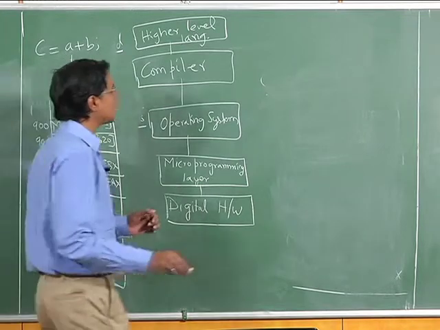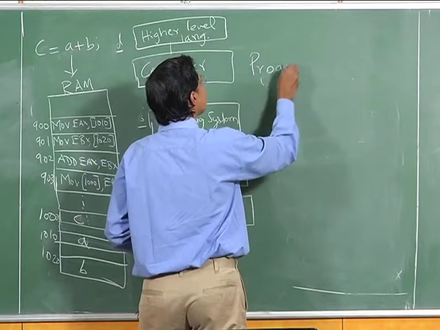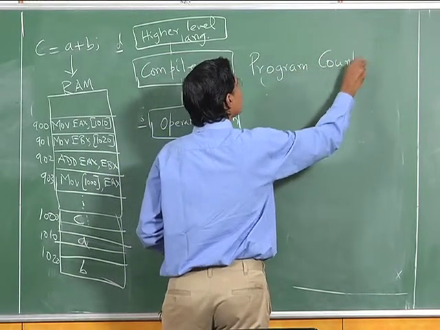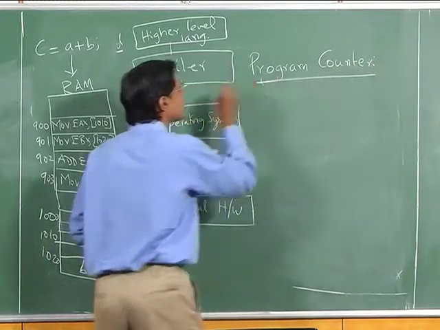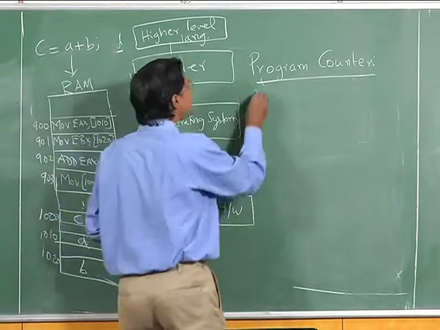First and foremost, we should understand that there is a hardware called the program counter. The program counter points to the next instruction to be executed.